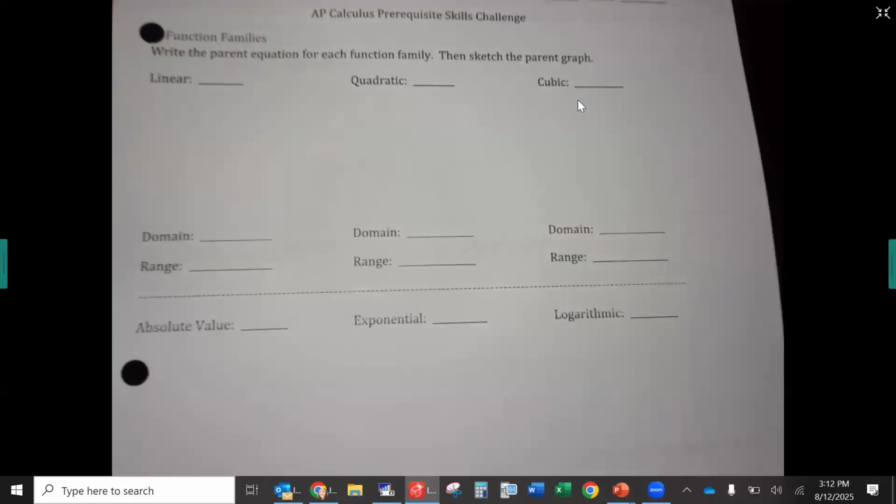B is absolute value. And then make sure for your linear, it is a line, but the parent function is up. So you want it to start at the bottom. Yes, that's perfect.